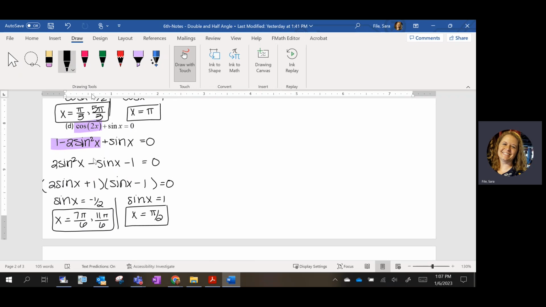So you may have done this in an additional step or all at once with me, but I don't like my lead term to be negative. So I divided out a negative, so it changed the sign of everything. So I ended up with 2 sine squared x, that became minus sine x, and that became minus 1. Okay, and then I factored, and then I split and solved.